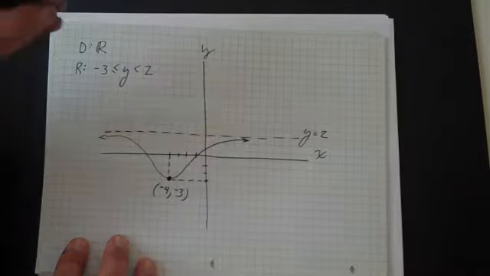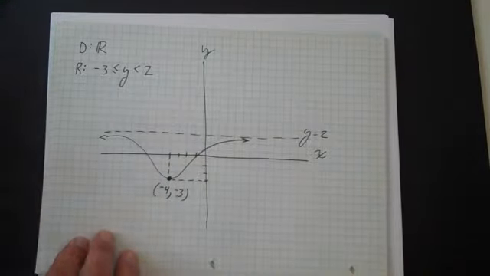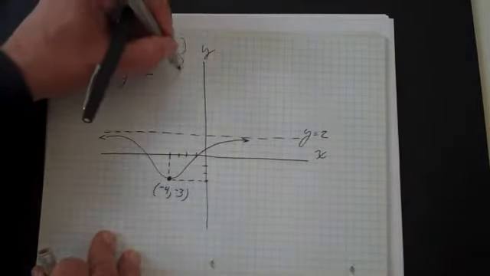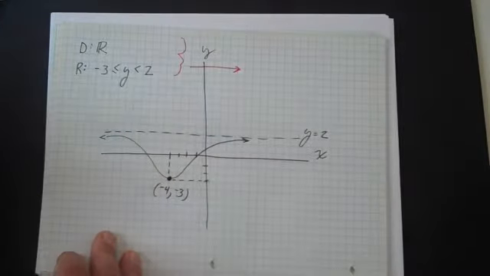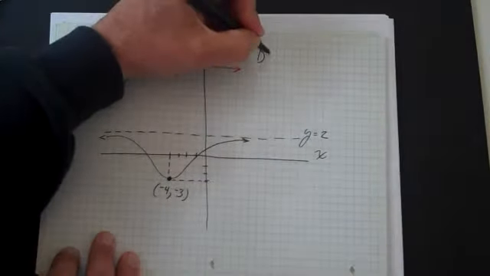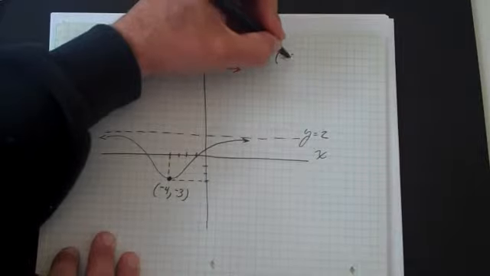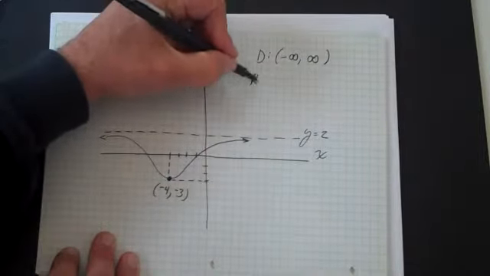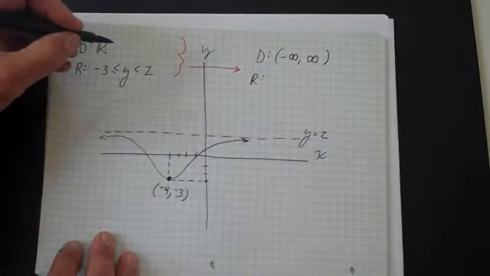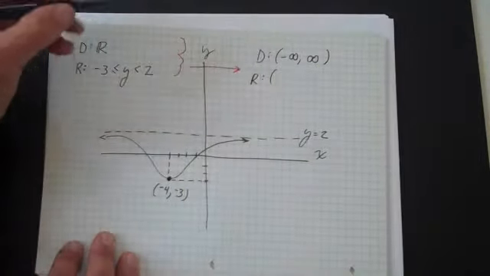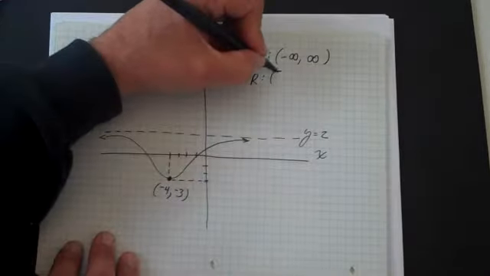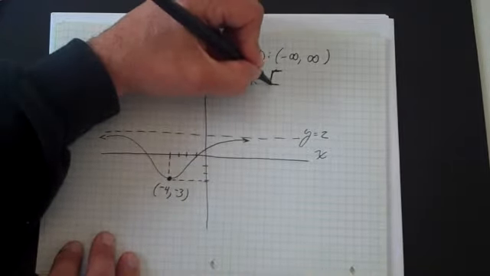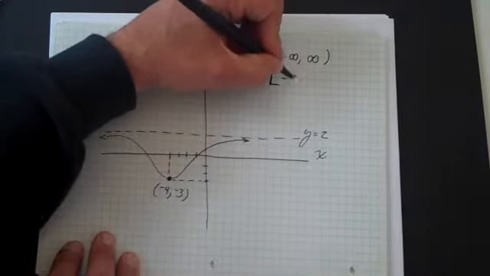How would you write that in terms of interval notation? Domain is everything, so it's just all real numbers, or in interval notation, negative infinity to positive infinity. Now let's look at range. You write the most negative number first, that's minus 3. That's going to be a bracket, or what's called a closed parenthesis, because it includes minus 3.